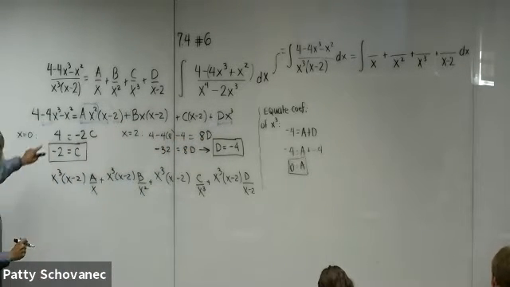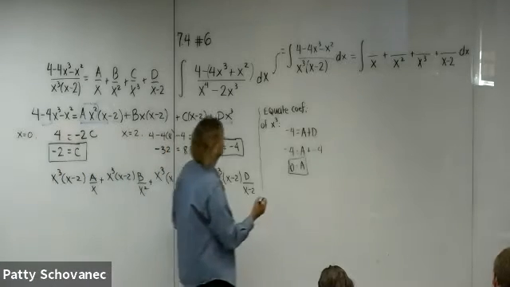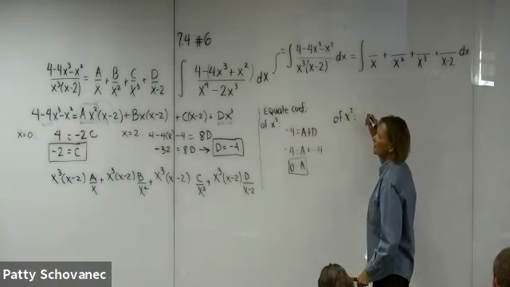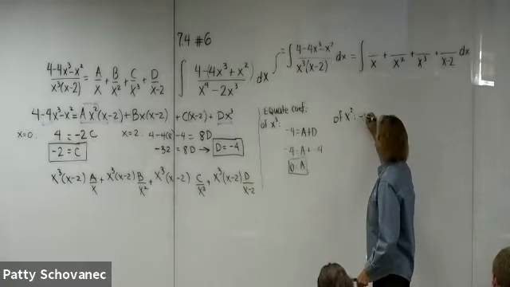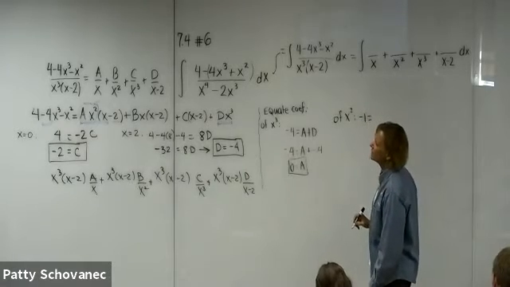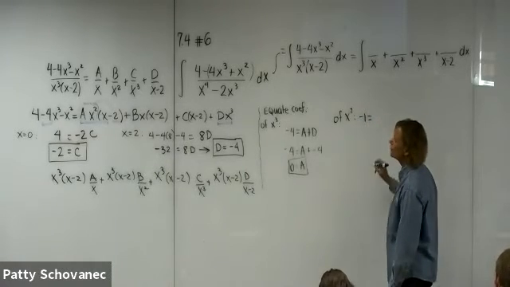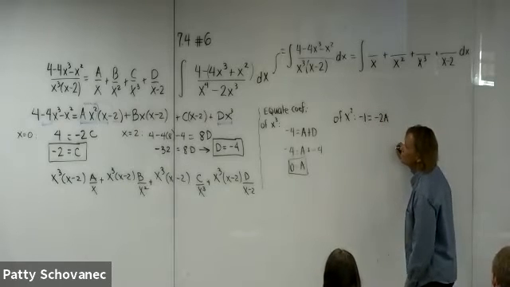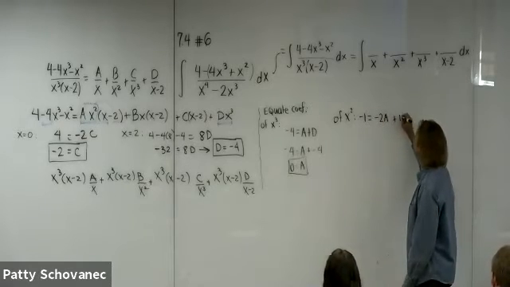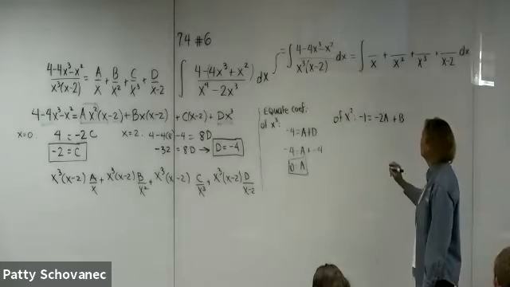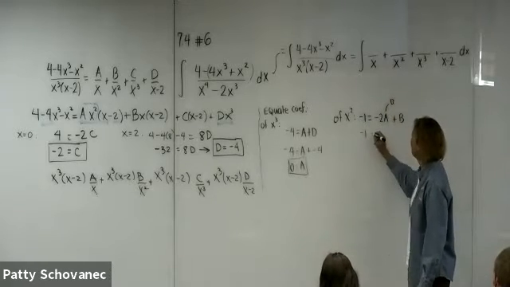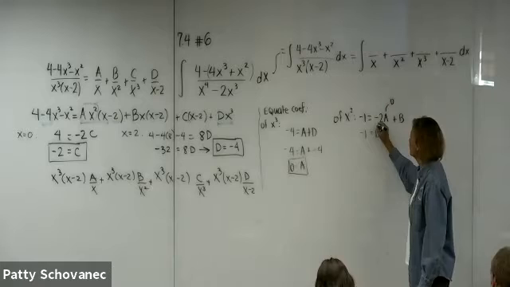So the x squared over here is a -1. And over here, we said it was going to be -2a plus b. A was 0. So b is -1.